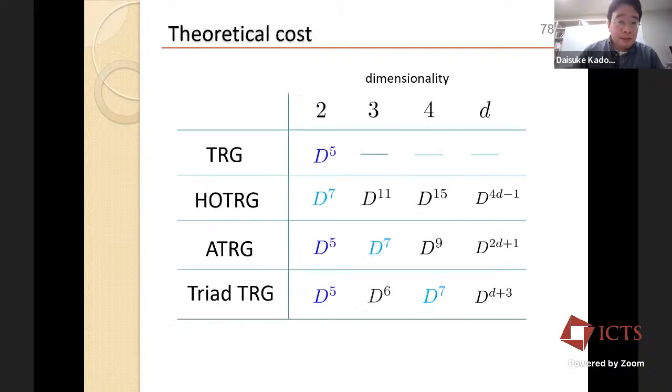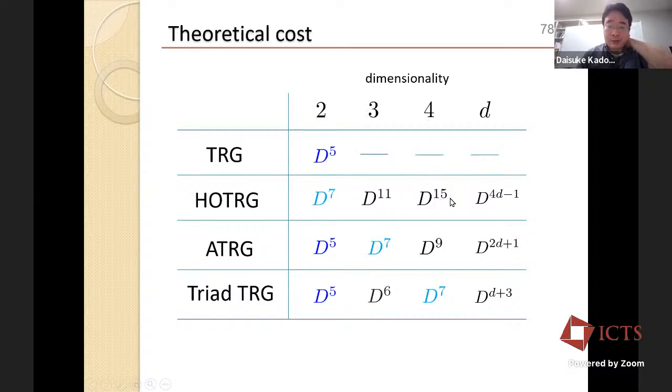And this table summarizes the theoretical computational cost for several TRG algorithms, and the original TRG method is formulated only in 2 dimensions. The cost of the TRG method is D to the 5th, and the cost of HOTRG is D to the whole D minus 1, which is D to the 7th for 2 dimensions, and D to the 15th for 4 dimensions.